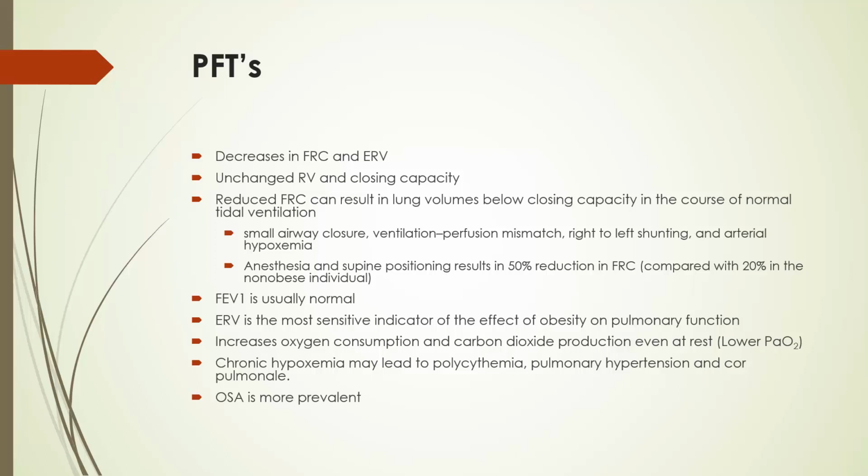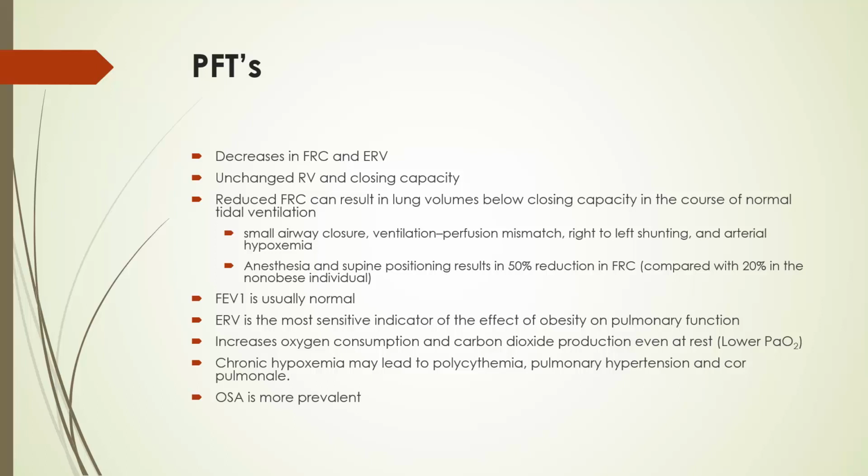So you get even up to 50% reduction in FRC in the obese anesthetized patient compared with 20% in the non-obese patient. Forced expiratory volume in 1 second, the FEV1, and forced vital capacity are usually within normal limits. Expiratory reserve volume is the most sensitive indicator of the effect of obesity on pulmonary function.